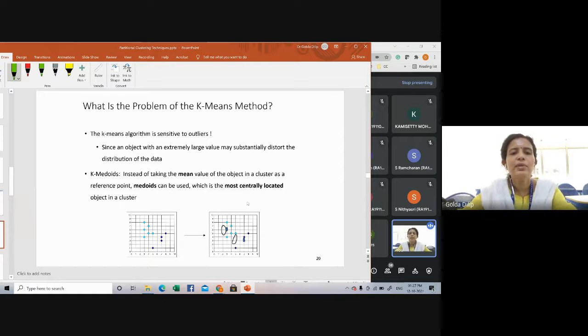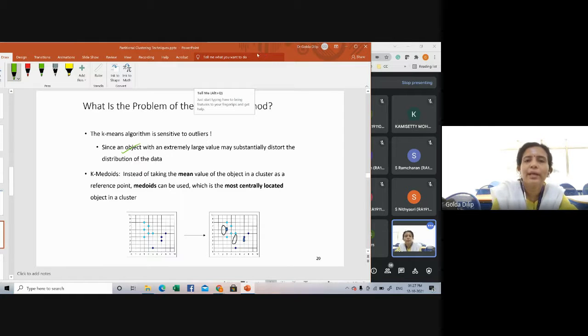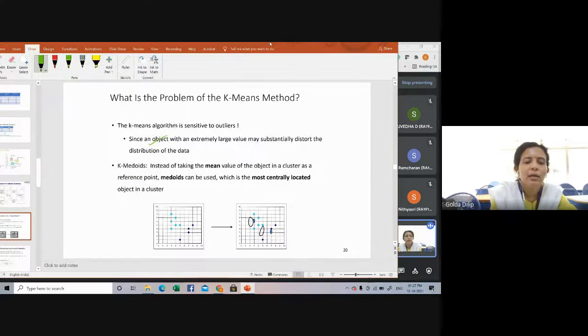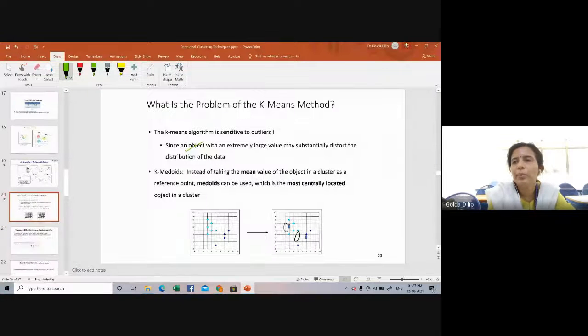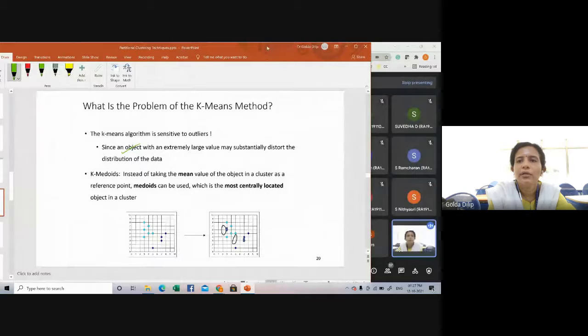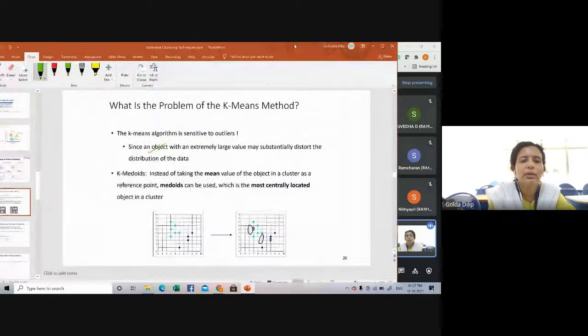Since an object with an extremely large value may substantially distort the distribution of data, that is one of the disadvantages of k-means clustering, where each cluster is represented by the mean value of the objects in the particular cluster. That was what our k-means algorithm was all about.